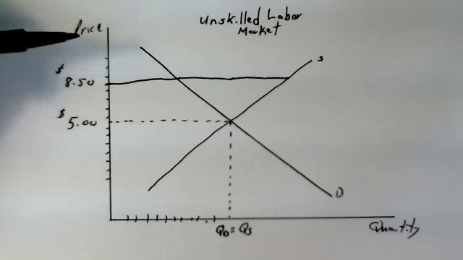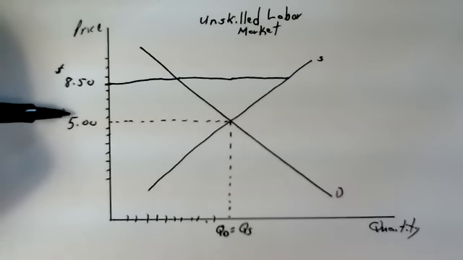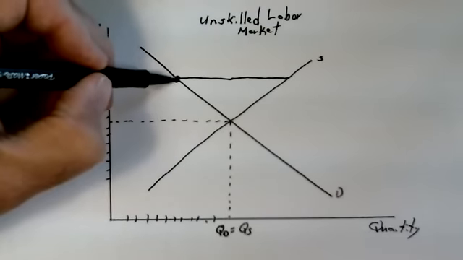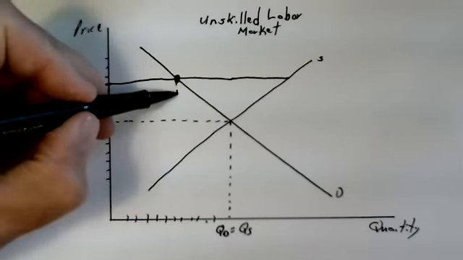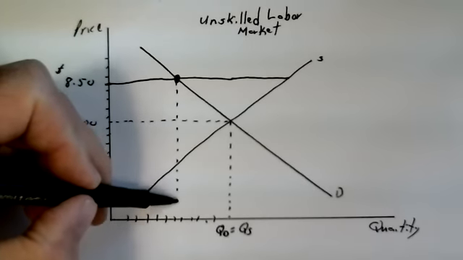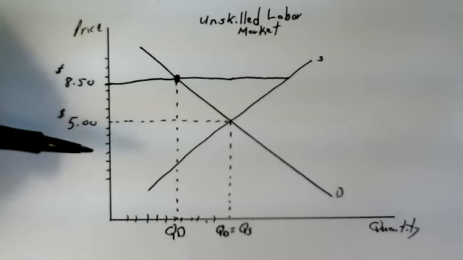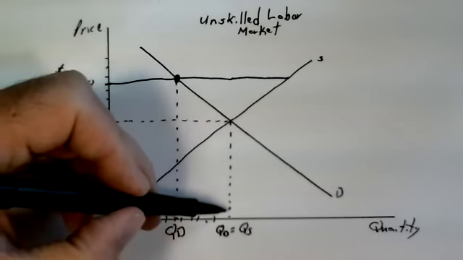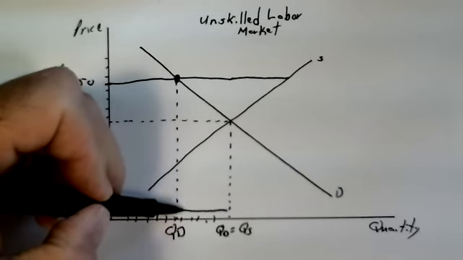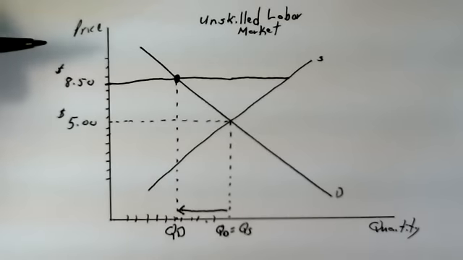So no, the demand curve does not move. But at the higher wage, the number of jobs available would be much, much less. So that's this. The quantity demanded of unskilled labor will fall from over here, where it would be at equilibrium, back over to here.